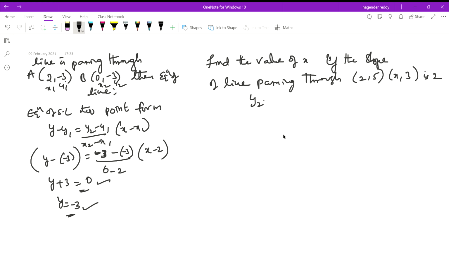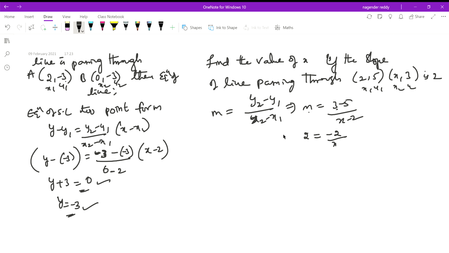We know that the slope of a line through two points is (y2 minus y1) by (x2 minus x1). You can take x1, y1, x2, y2. So m is equal to (3 minus 5) by (x minus 2). The value of m given is 2. 3 minus 5 is minus 2, so 2 equals minus 2 by x minus 2.